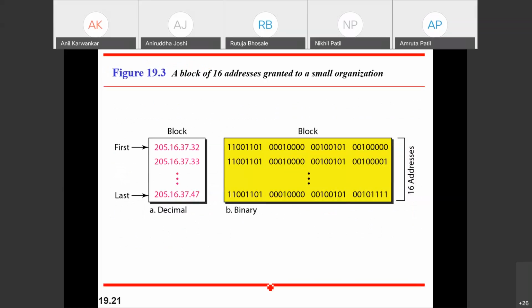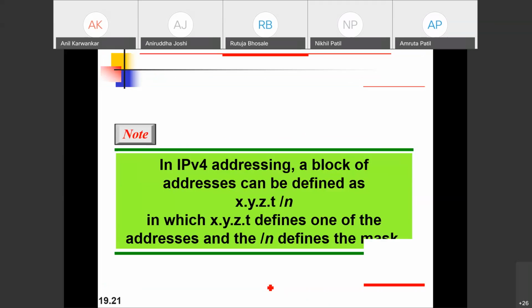The first address is 205.16.37.32. The last address is 205.16.37.47. That is 32, 33, 34, 35, 36, and so on, the dotted decimal representation. So these 16 addresses are allocated to this small organization, having a specified binary representation.